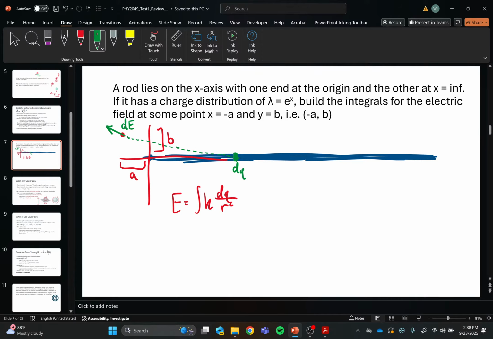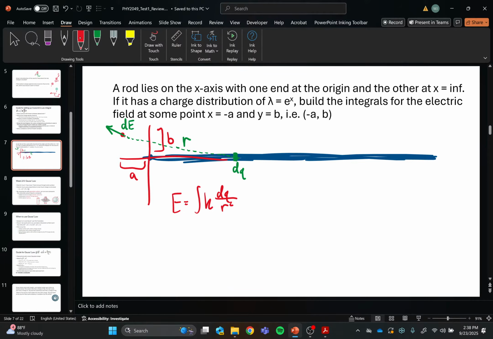This comes down to, do you understand Coulomb's law? The distance from what to what? The charge to the point. It's that little dotted line I drew. Now that we have that in the picture, that's going to be super helpful.